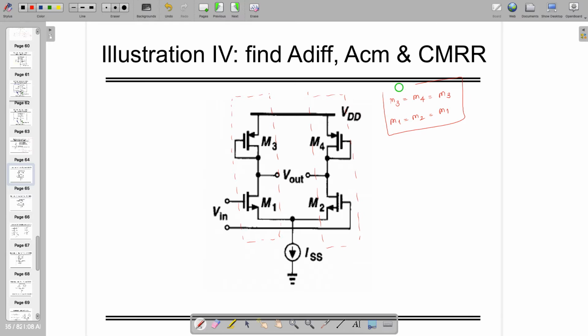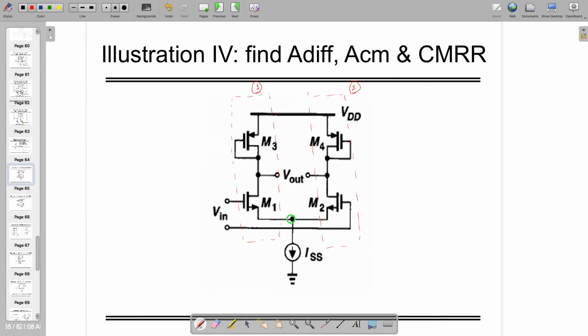What is the meaning of this? It means GM1 equals GM2 equals GM1, GM3 equals GM4 equals GM3, and similarly you can write down for RO. So let's forget that because we agreed that both the networks are equal.